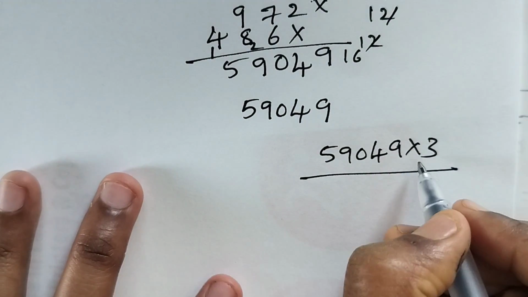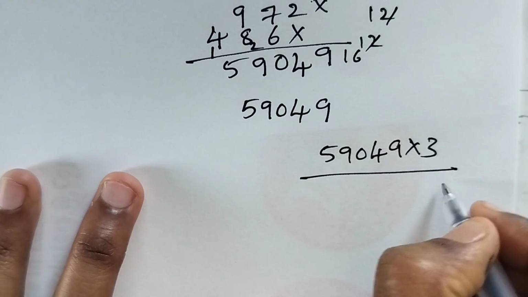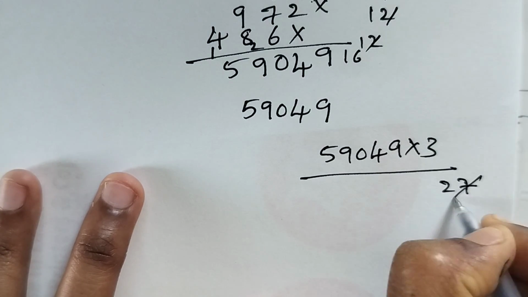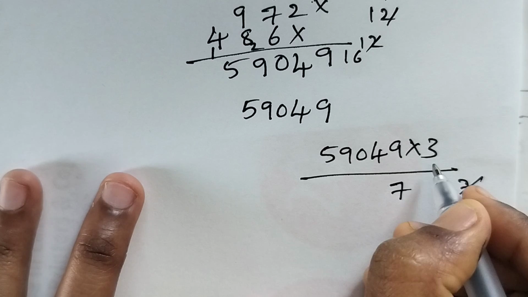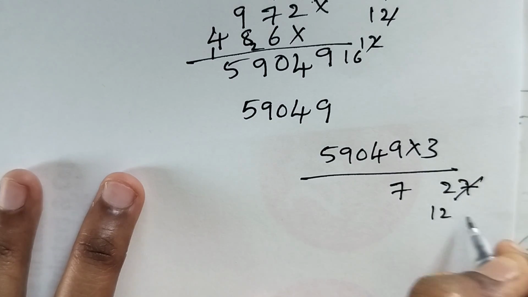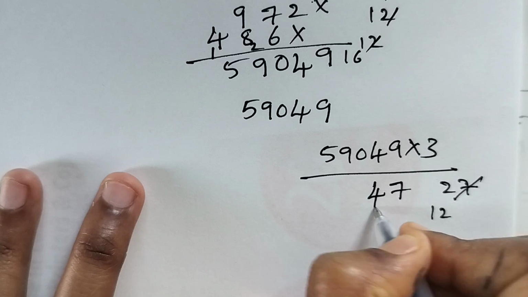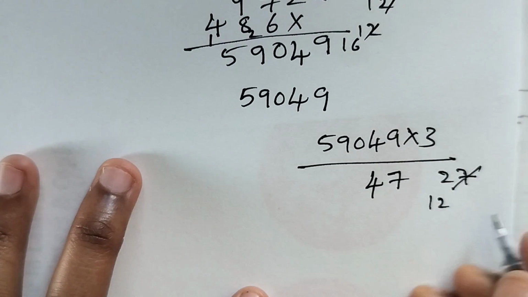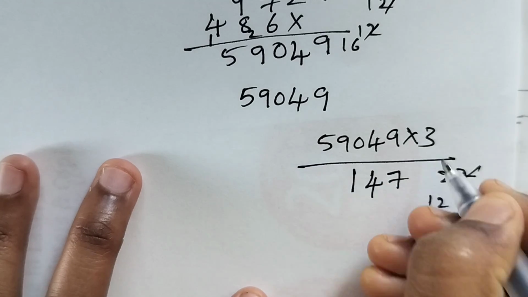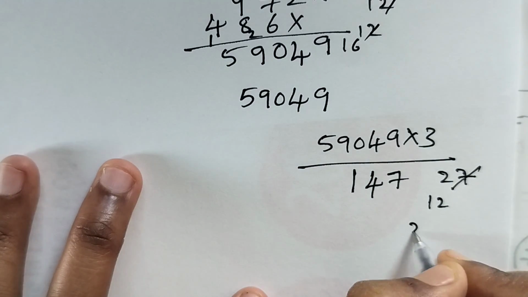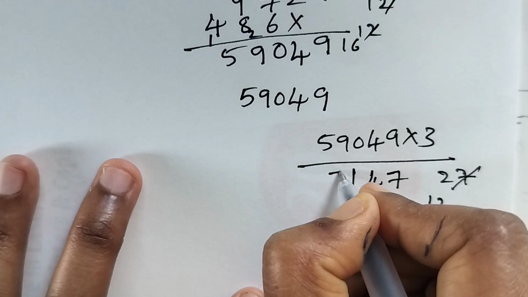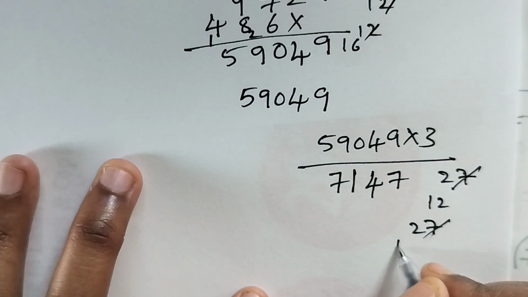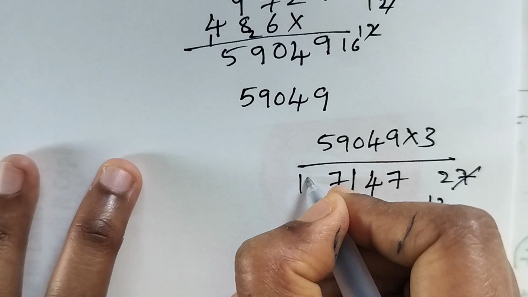So 3 times 9, 27. 3 times 4, 12, 14. 3 times 0, 0, 1. 3 times 9, 27, 7. 3 times 5, 15, 17.